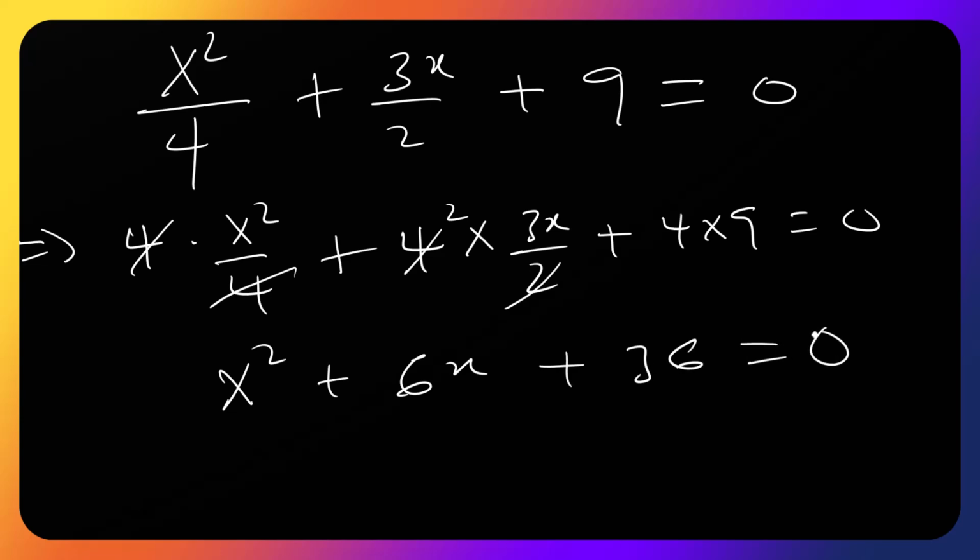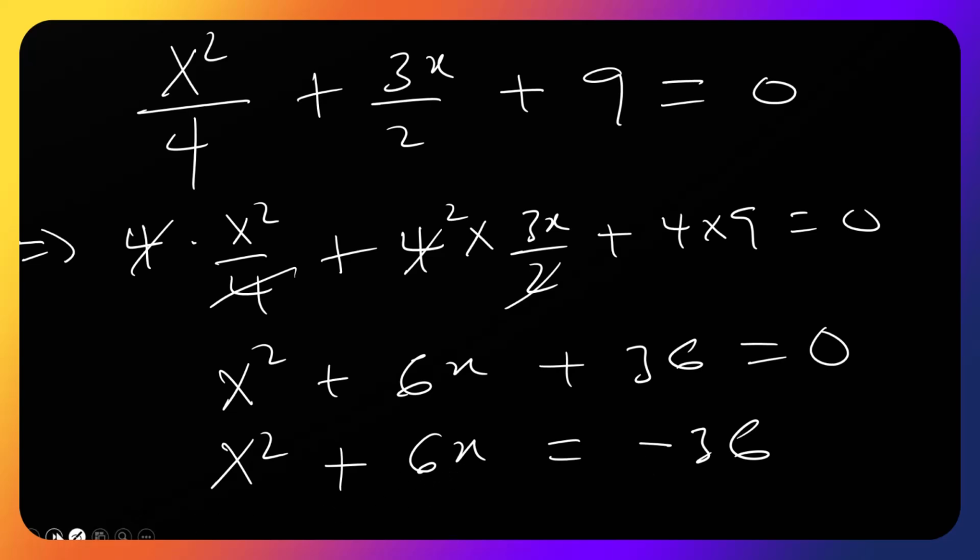plus 36 equals 0. So let's go by the method of completing the square. So we have x squared plus 6x equals minus 36. Let's take half of the coefficient of x. So that will be 3 squared.